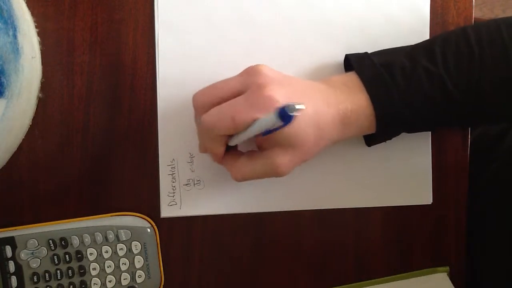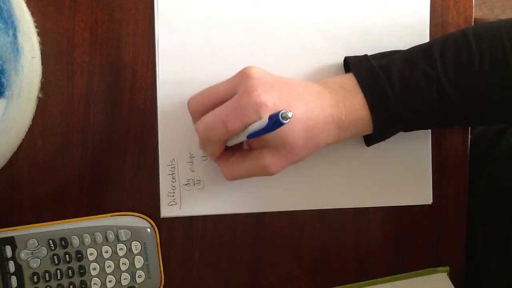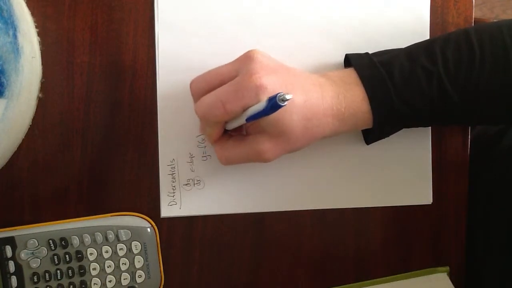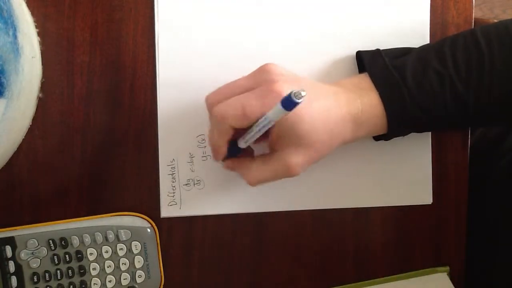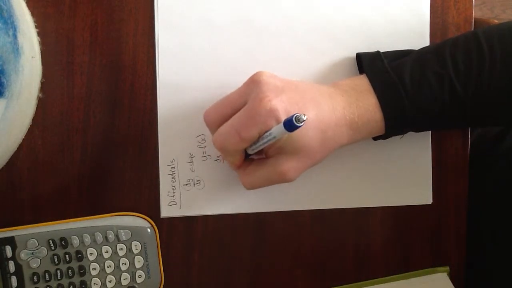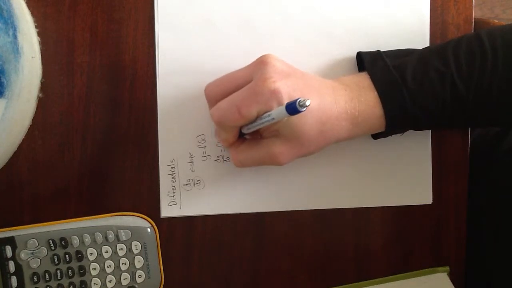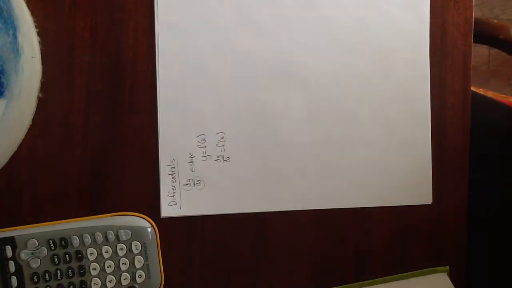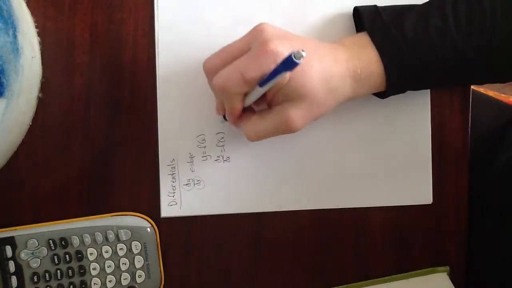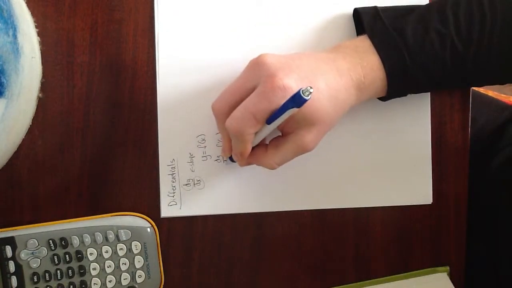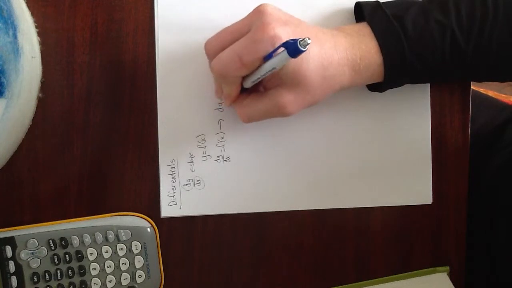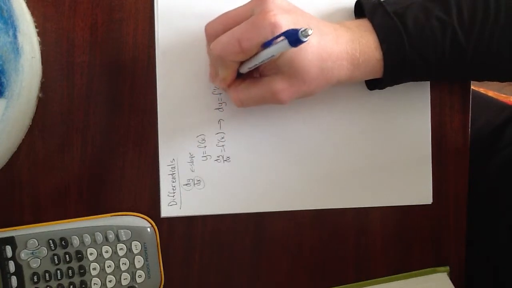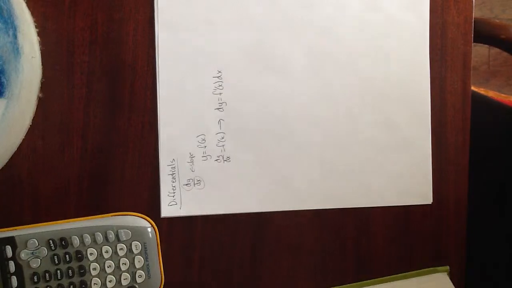So if we have a function y equals f of x, if I do the derivative of that function, well now dy dx equals f prime of x. The way differential equations are written is we just imagine multiplying both sides by dx. So dy would equal f prime of x dx.